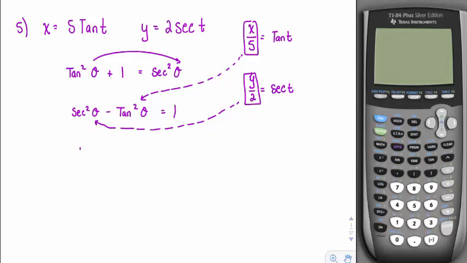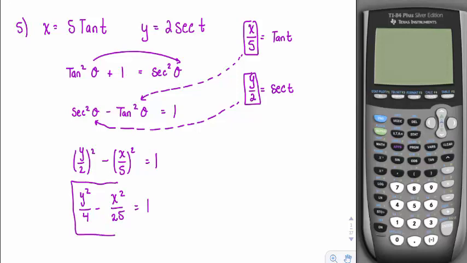So this is going to become y over 2 quantity squared minus x over 5 quantity squared equals 1. So we get y squared over 4 minus x squared over 25. And that is a hyperbola.